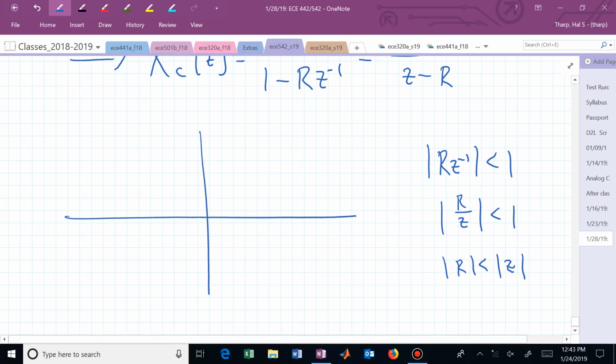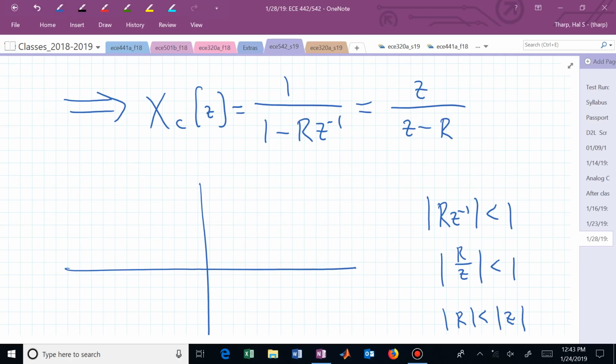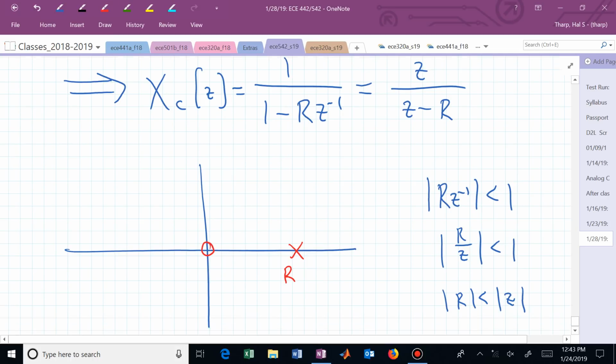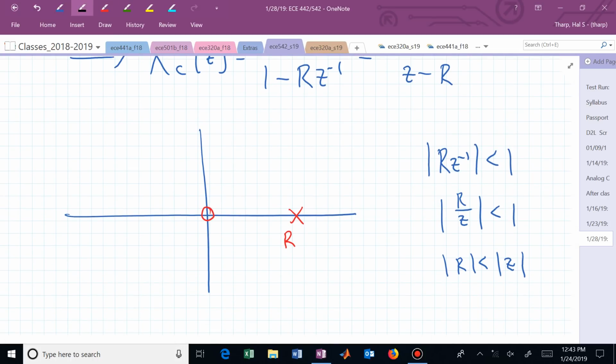And this is now what we can draw. We can say that we have a pole at R, we have a 0 at the origin, and our region of convergence is all values of z that are beyond R.